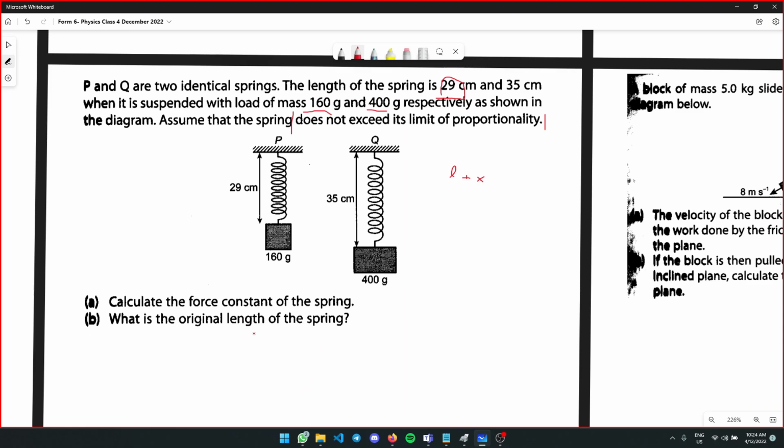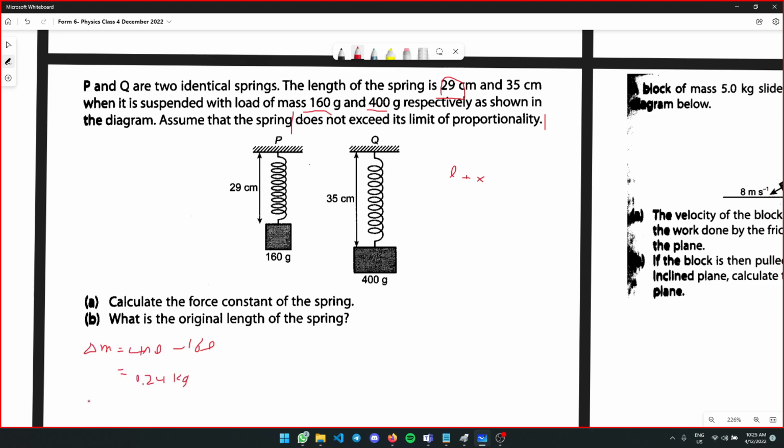So these are identical springs. How do we go about answering this question? What is the difference? I think we should find the difference in mass. You find just minus, so delta m equals 400 minus 160. You get 0.24 kg.